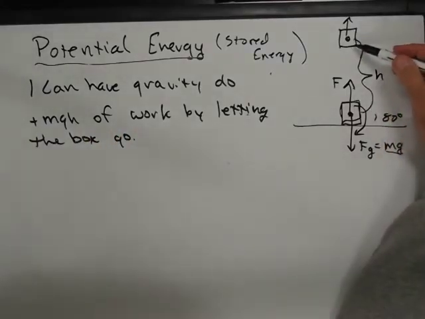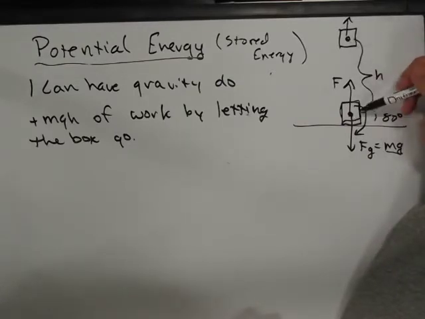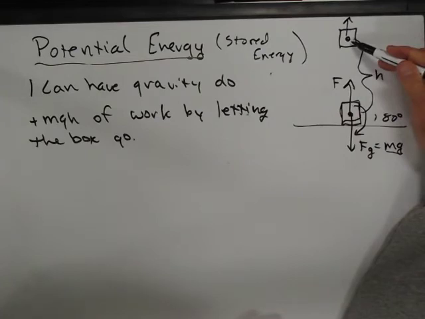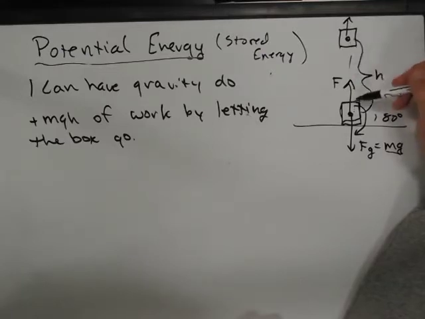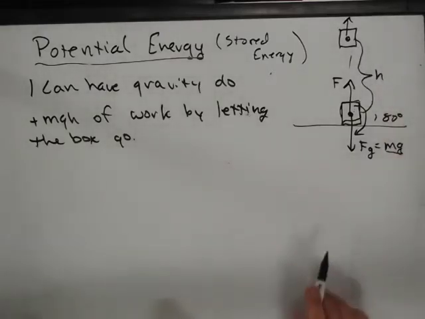If I release the box right here, I'm exerting no force on it. Gravity is exerting mg. The box will fall that distance, and so mg will be acting down. The box will be going down, and so the work done by gravity would be force times cosine theta times the distance. And since the force and the distance are in the same direction, cosine theta is 1. And I would get a positive mgh of work here.